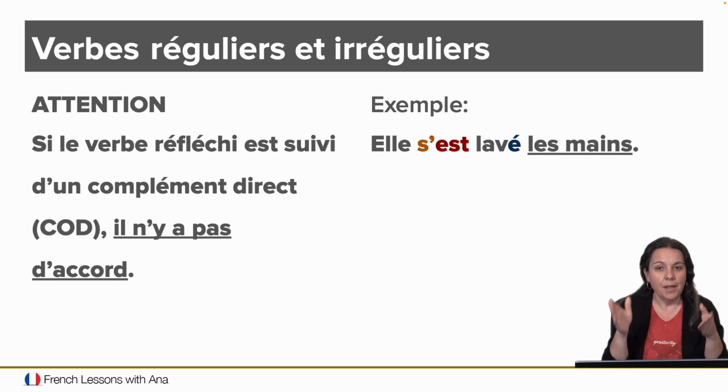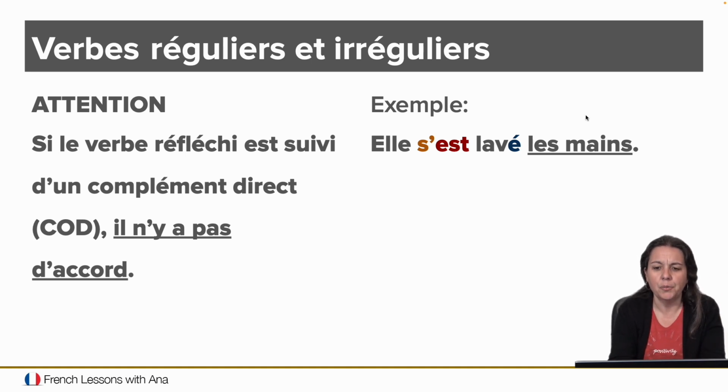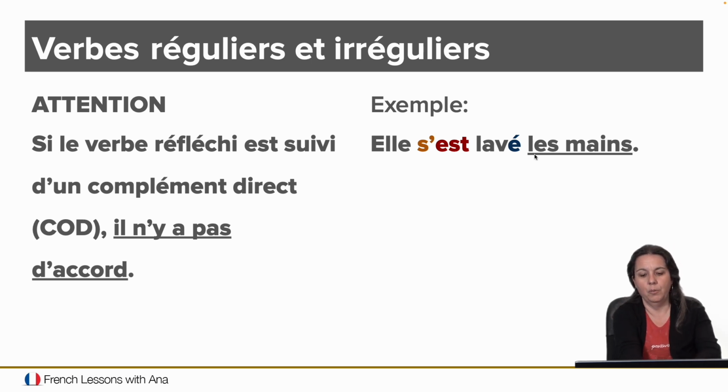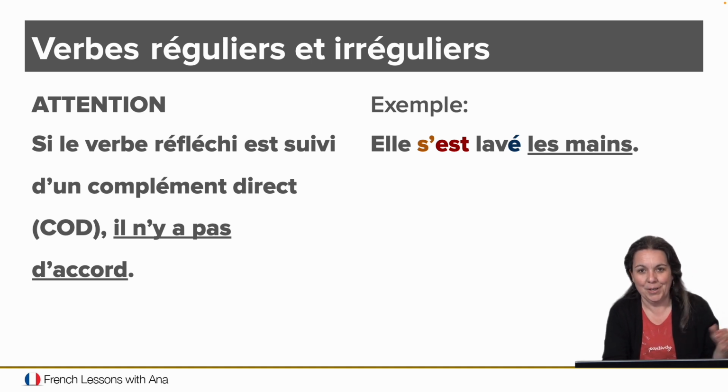All right. Another thing that is important to remember, which is also something I talk about in another video, is that in English we use the possessive when we're talking about body parts. So I washed my hands, I washed my hair. Not in French, you wash the hands, because the reflexive verb me, te, se, etc. indicates already that they belong to you or to someone else, okay?